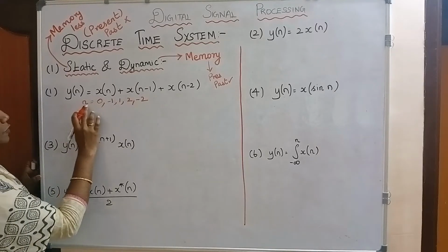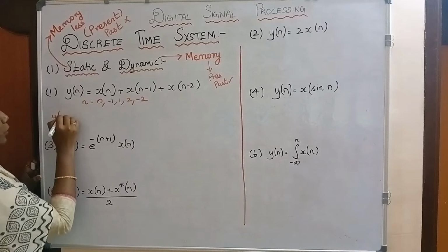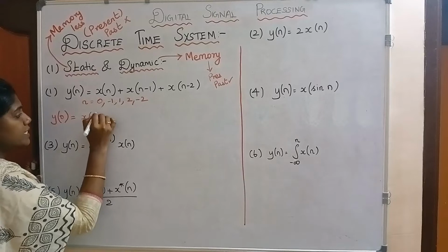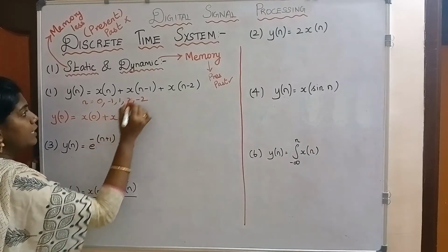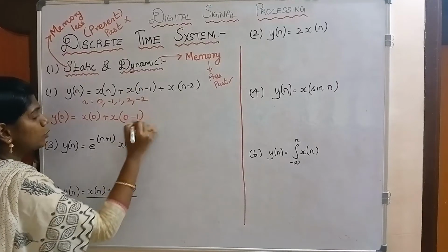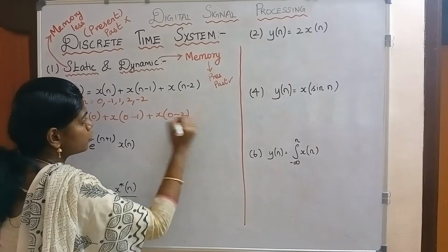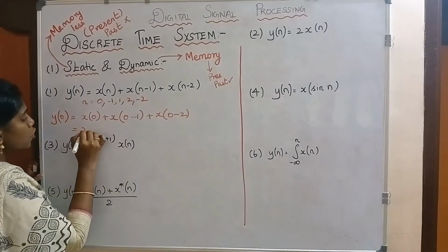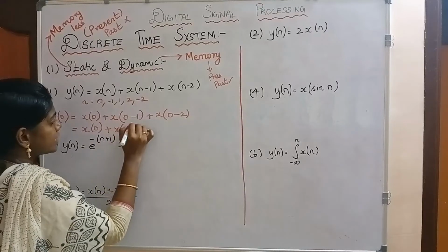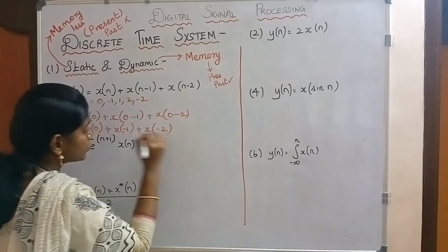First, let me pass n equal to 0 in the above equation. Y of 0 equals x of 0 plus x of 0 minus 1 plus x of 0 minus 2. Just resolve this: x of 0 plus x of minus 1 plus x of minus 2.